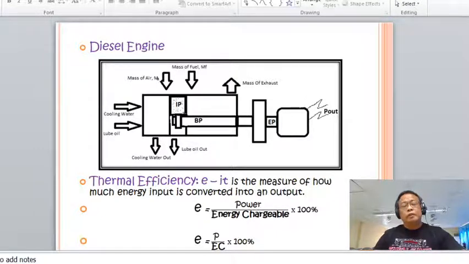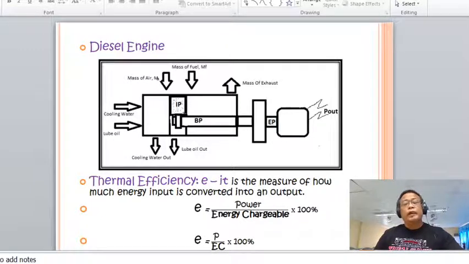So this thermal efficiency is divided into four. First is the indicated thermal efficiency, meaning you are going to look for the thermal efficiency inside the combustion chamber. The next is brake thermal efficiency.